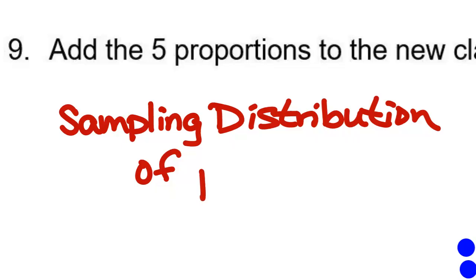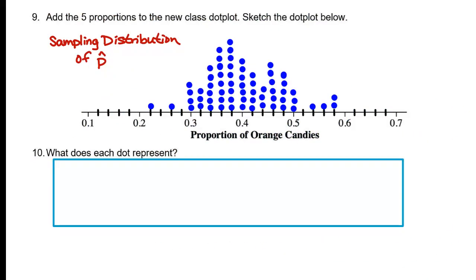P hat. This is the sampling distribution of P hat. So what does each dot represent here? A trial's proportion.